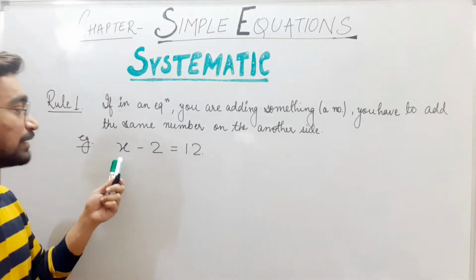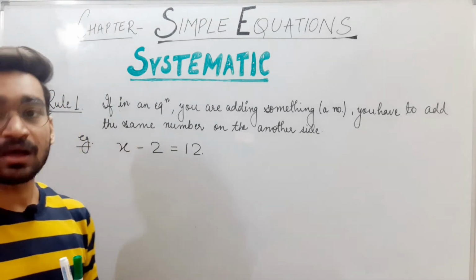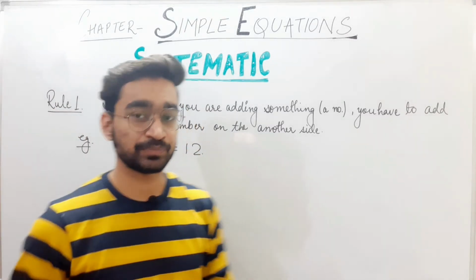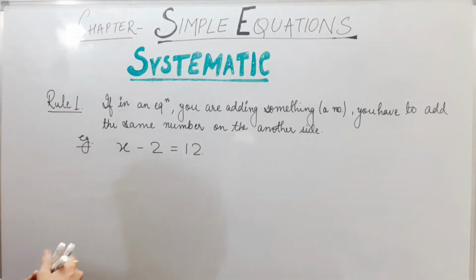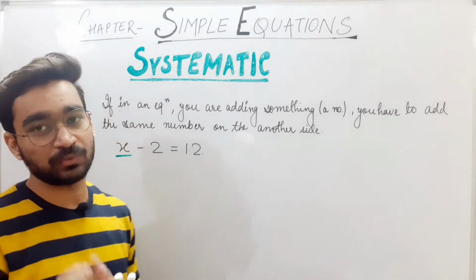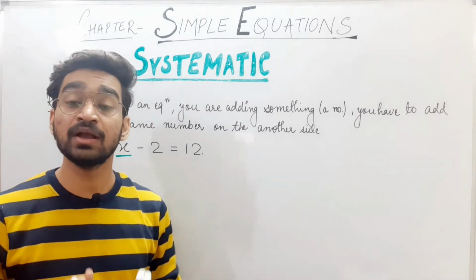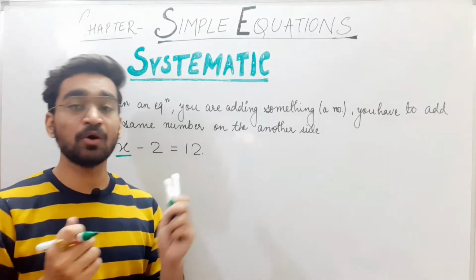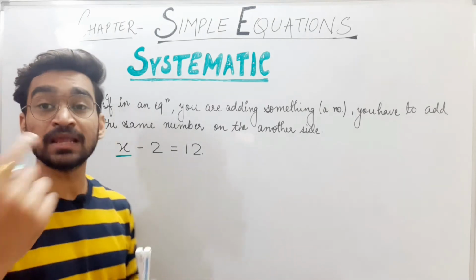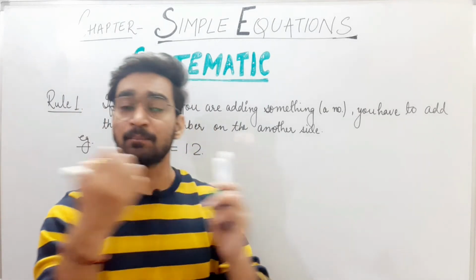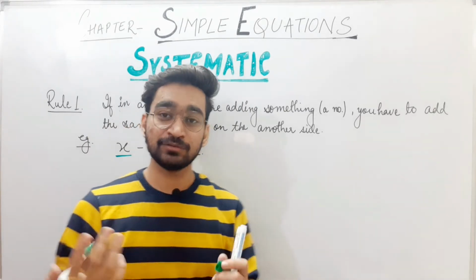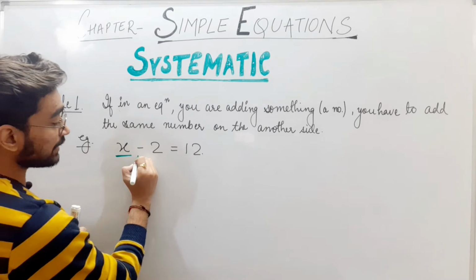Let's take the example x minus 2 is equal to 12. The main motto of the systematic method is that you have to take only the variable on one side of the equation. The rest of the numbers you have to cancel out by adding, subtracting, multiplying, or dividing.